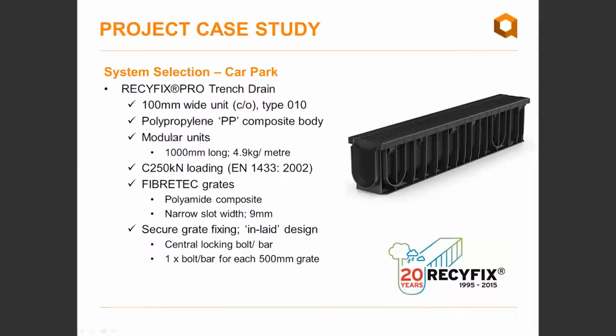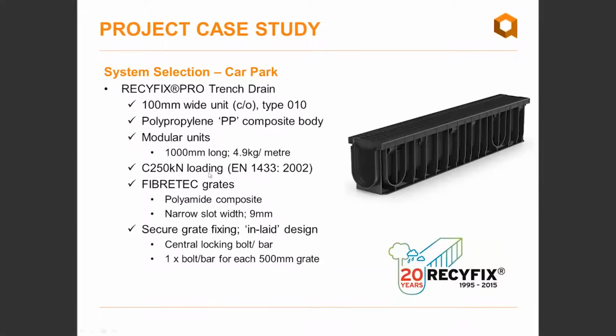So the system that was selected was Resifix Pro. It was a 100 millimetre wide clear opening, which is the width across the inside of the channel there. The body was composite, PP, polypropylene composite. Units were 1 metre in length, and the weight of this unit was 4.99 kilos, which is obviously very, very light.